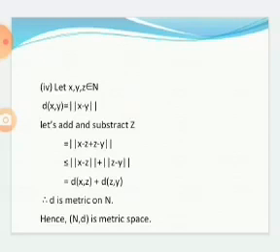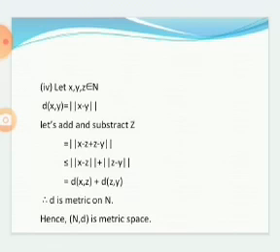As the theorem states, d of x comma y is equal to norm x minus y, so norm x minus z is equal to d of x comma z, and compared with z minus y, it can be written as d of z comma y. So that is equal to d of x comma z plus d of z comma y.